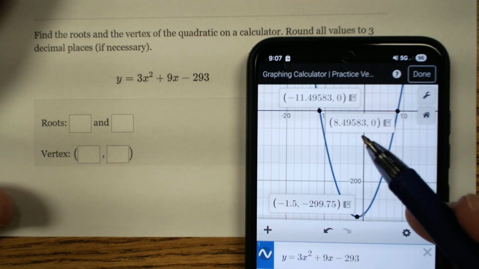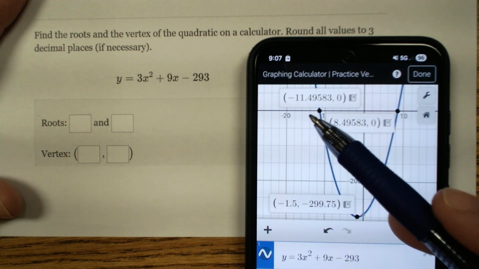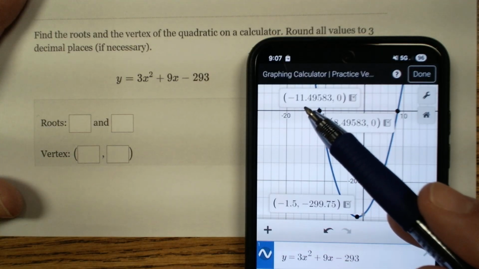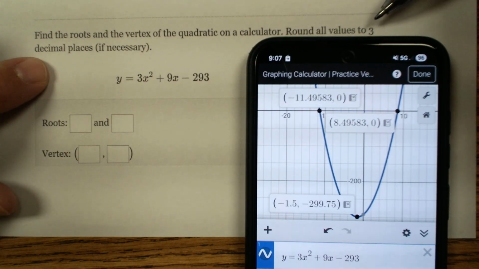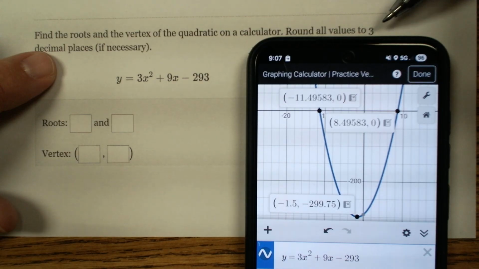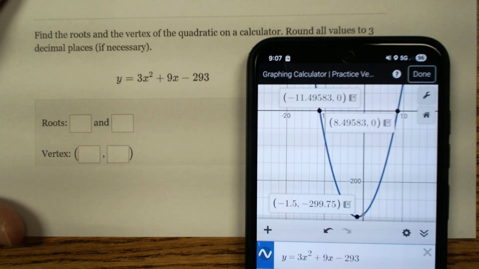Okay, so now as far as my roots go, I'm actually going to answer with -11.496. I'm going to have that 8 round up to a 6. Now why did I go that far? In the instructions it said round all values to 3 decimal places if necessary. It's definitely necessary on this problem.